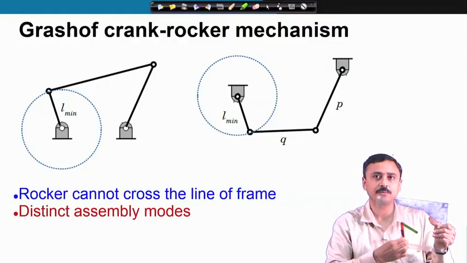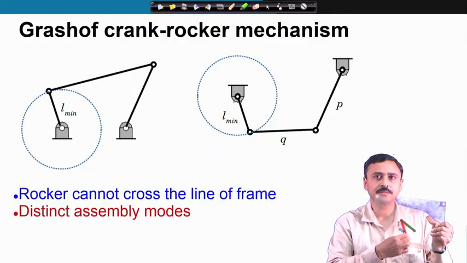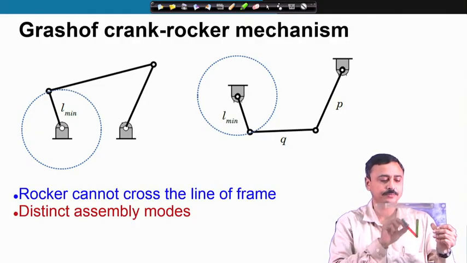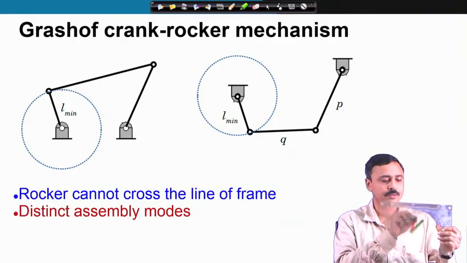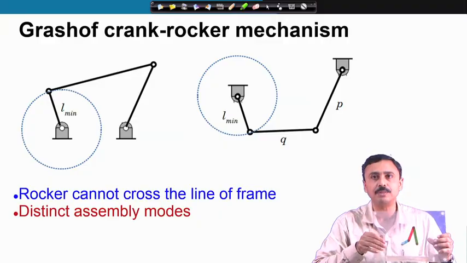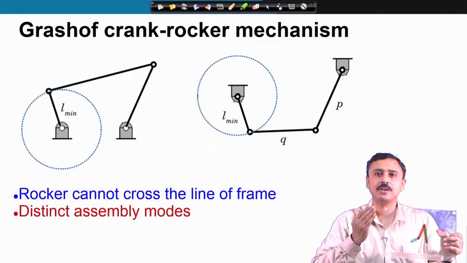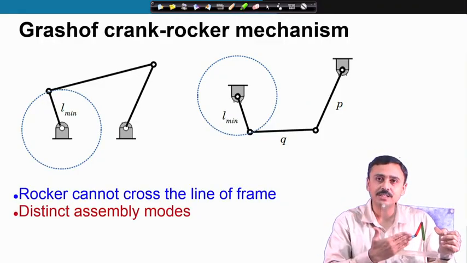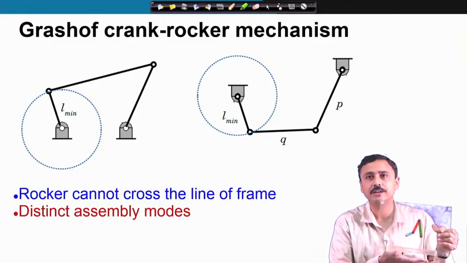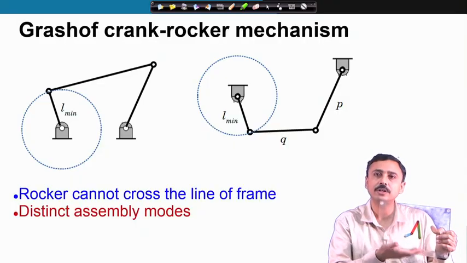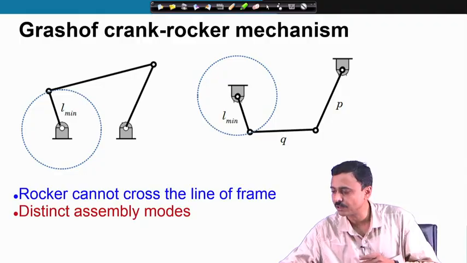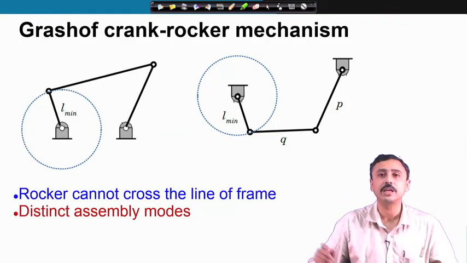This is the rocker rocking above, and here is the rocker rocking below. So, these are the two modes of assembly and they are distinct, which means starting from this assembly mode I cannot go to the other assembly mode where the rocker is below the line of frame, because the rocker cannot cross the line of frame. So, we have distinct assembly modes in a Grashof chain.